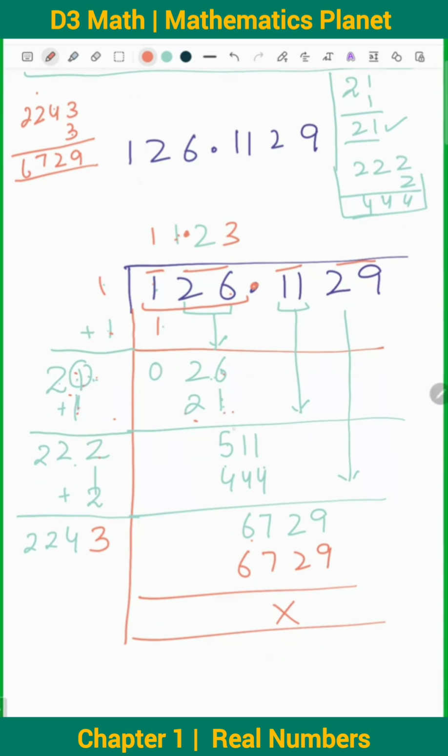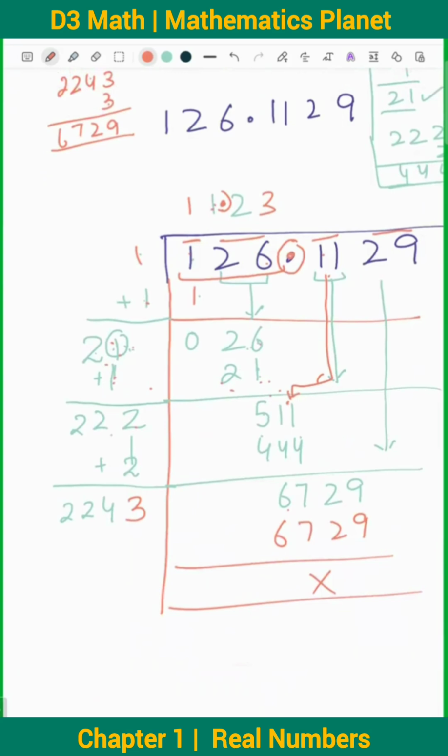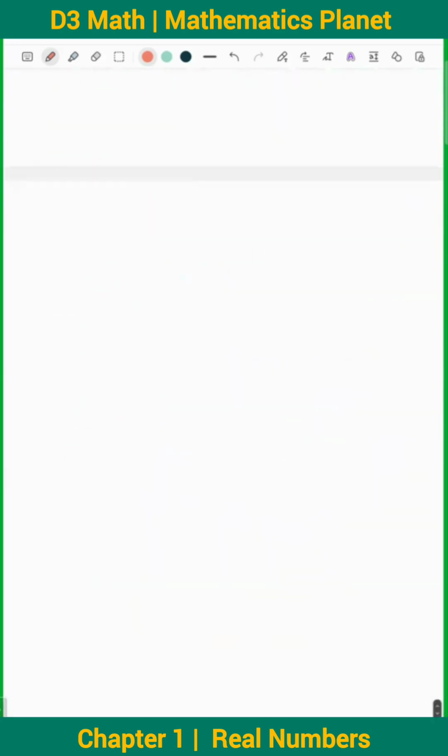Now we are going to take 11 down. Before writing 11 down, we need to put the decimal. So we will put the decimal over here, then we will take 11 down. Yes, next question. What is your question, Alia? Got it? Yes. We will do more decimal questions, inshallah.